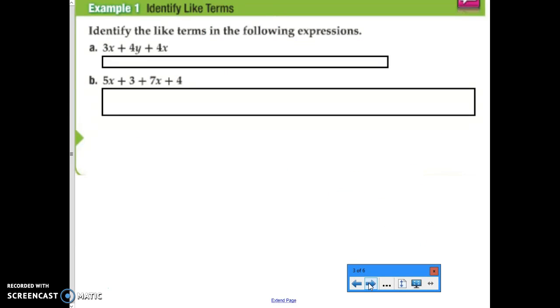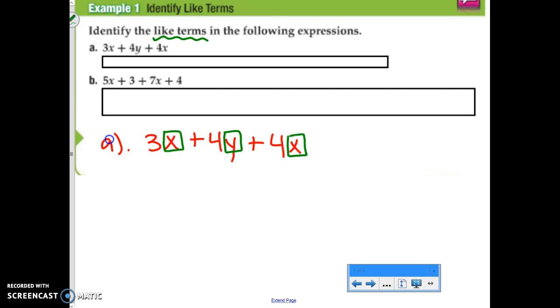Okay, let's take a look at example A. I'm just going to rewrite it down here. I have 3x plus 4y plus 4x. The directions ask me to identify all of the like terms in these expressions. So once again, take a look directly after that coefficient, and whichever terms match directly after that coefficient are our like terms.